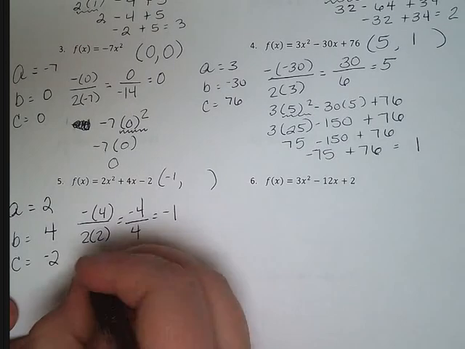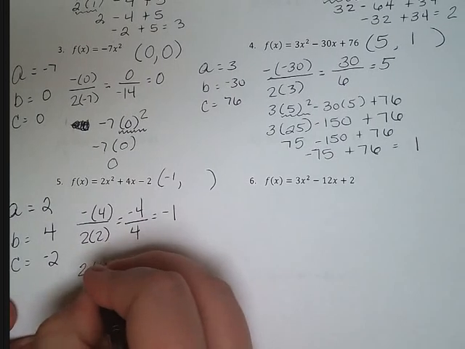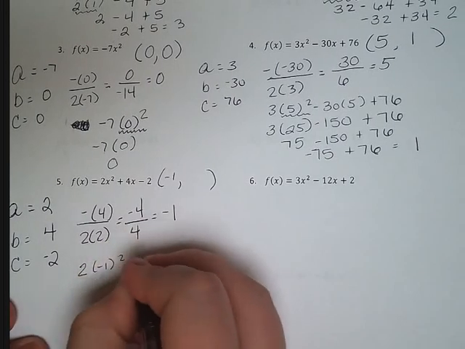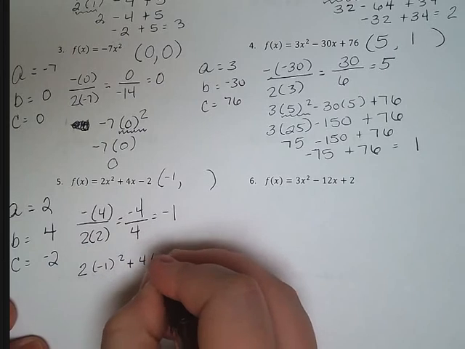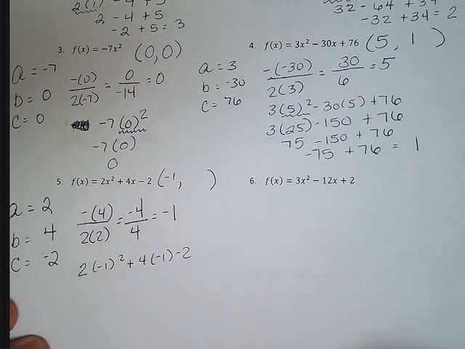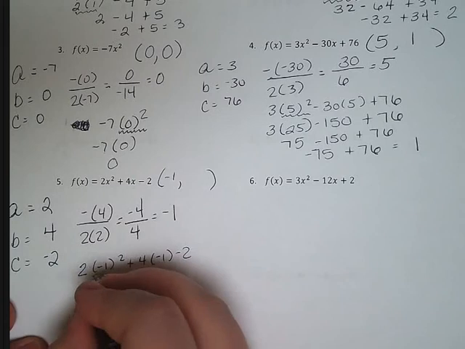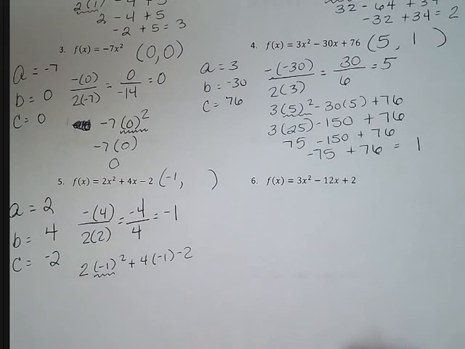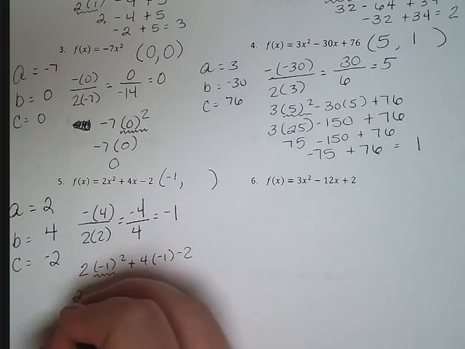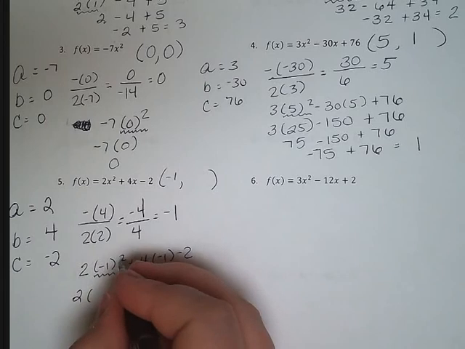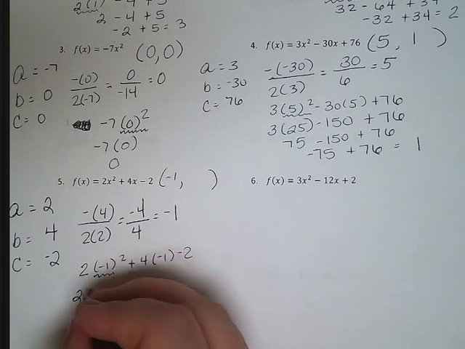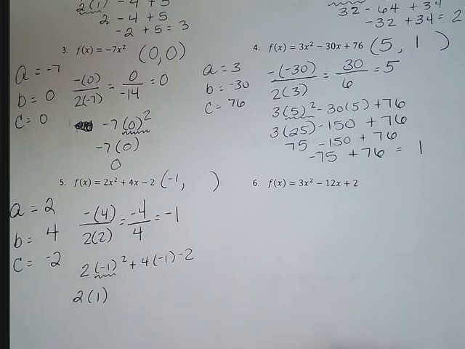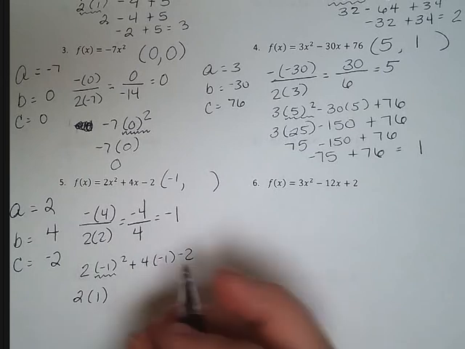Now we plug that negative 1 into our original equation. So do your exponents first before you can multiply. So negative 1 squared means negative 1 times negative 1, which is positive 1. 4 times negative 1 is negative 4.